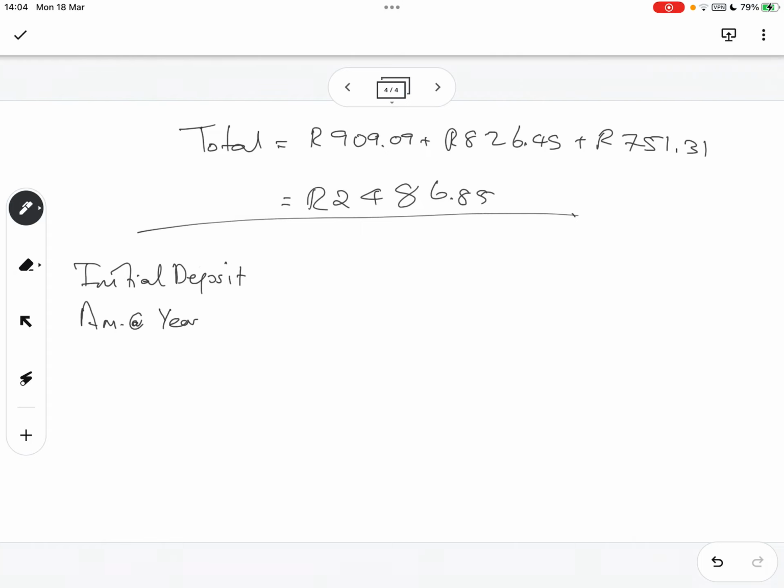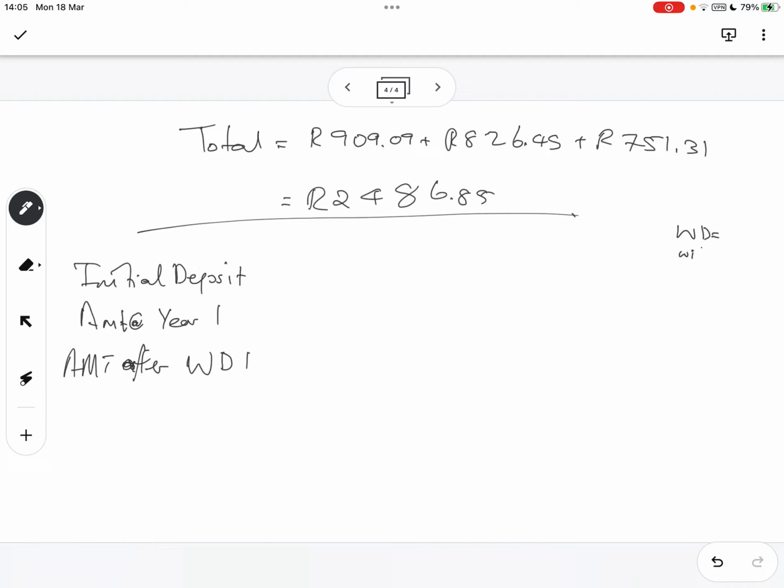At year 1, there's an amount after withdrawal 1.